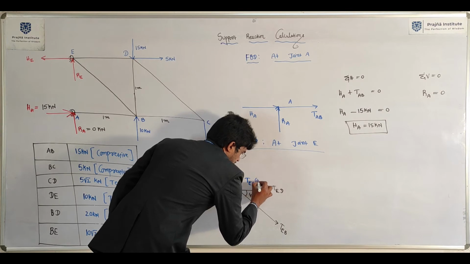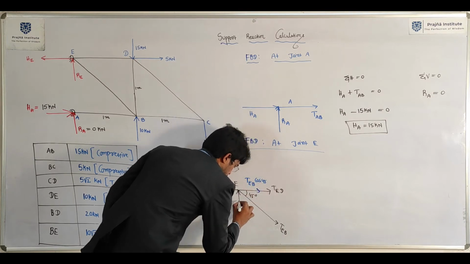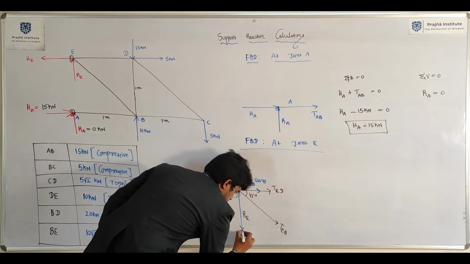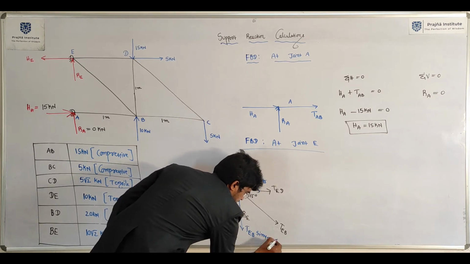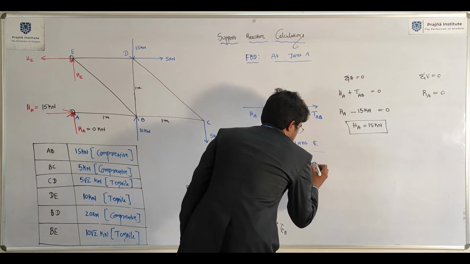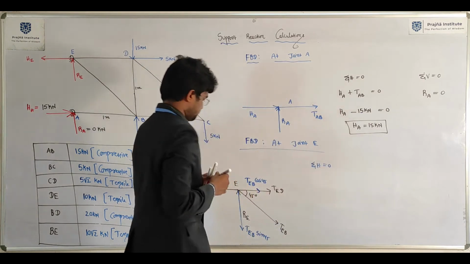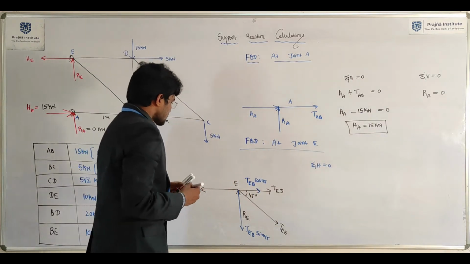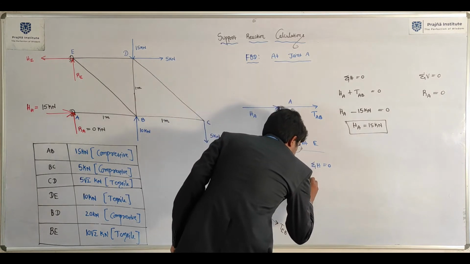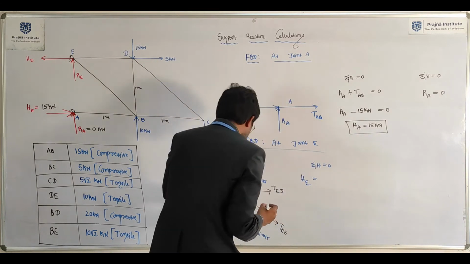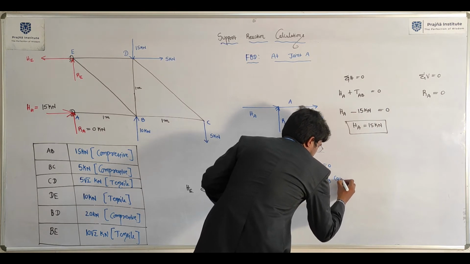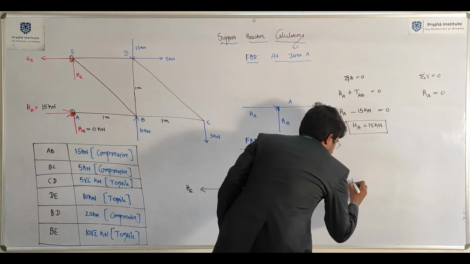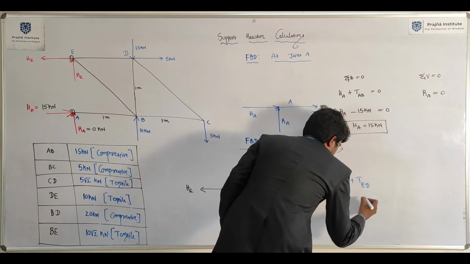TEB cos 45, TEB sin 45. Sigma H equals to 0. Here HE equals to TEB cos 45 plus TED.